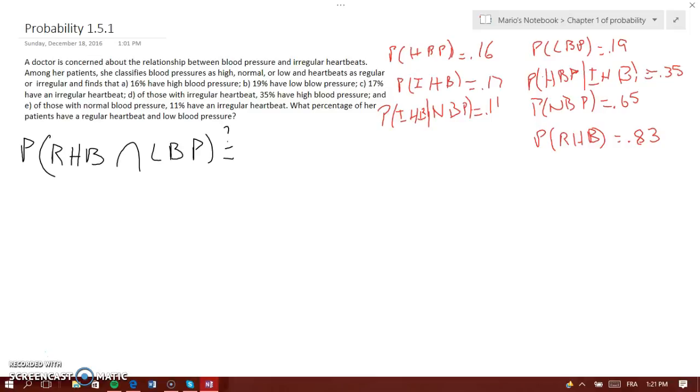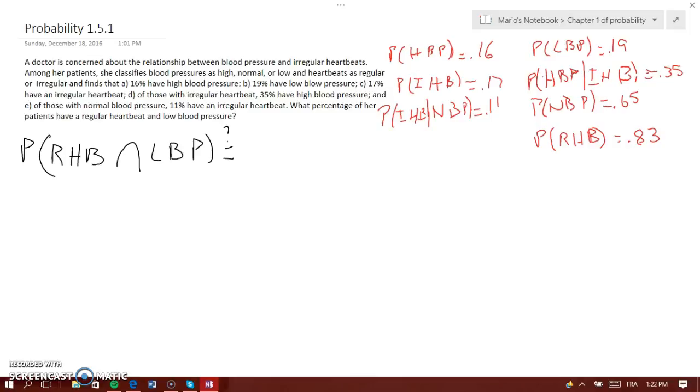Probability of irregular heartbeat given normal blood pressure is 11 or 0.11, and the probability of normal blood pressure is 0.65, which I calculated from the high and low blood pressure that they gave me, and the probability of regular heartbeat is 0.83 from what they give us as irregular heartbeat.